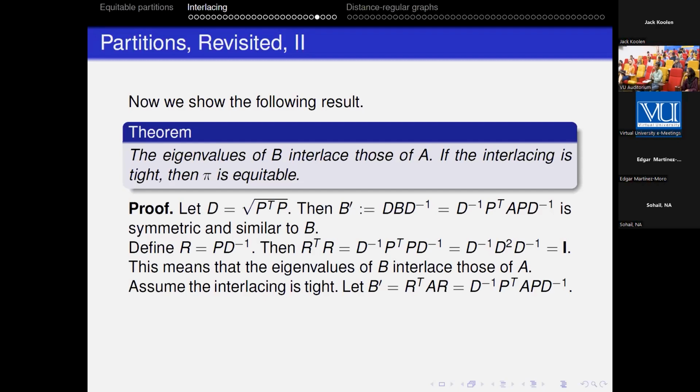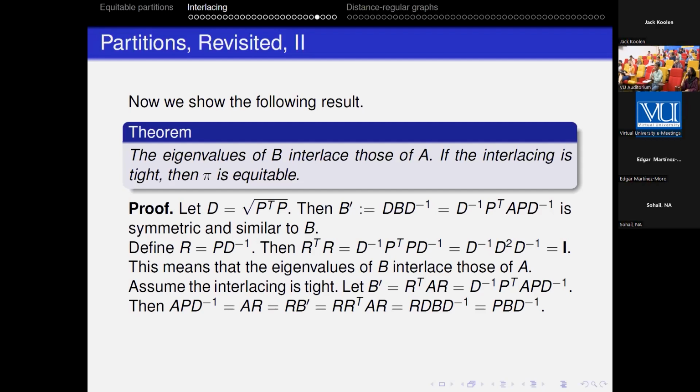And now assume that the interlacing is tight. Then A P D inverse is A R, is R B prime, by interlacing tight.